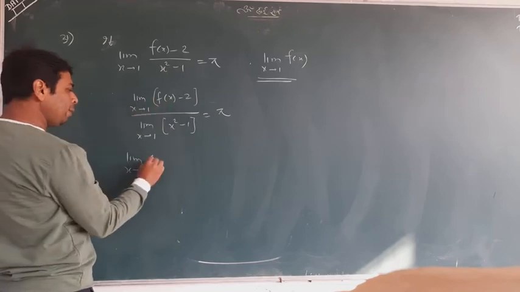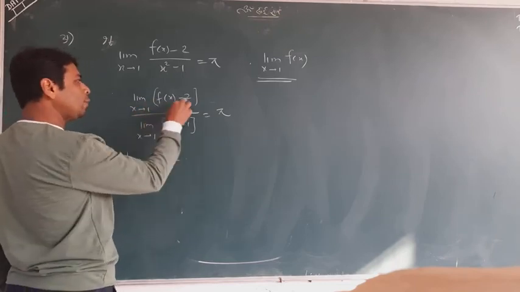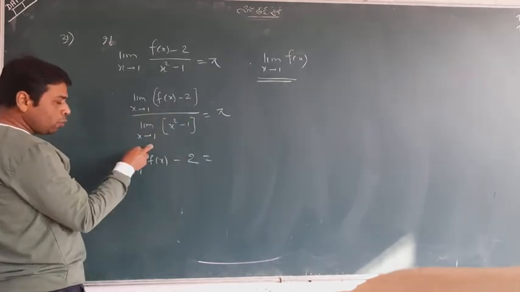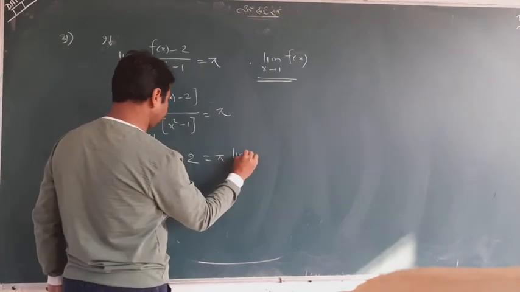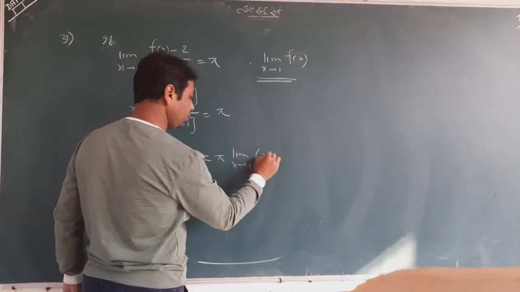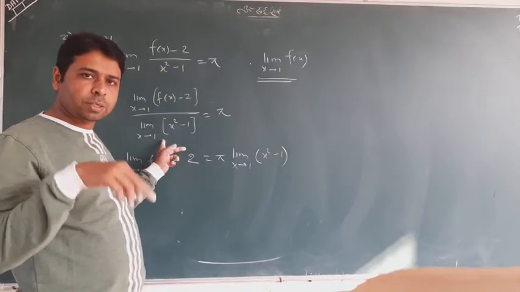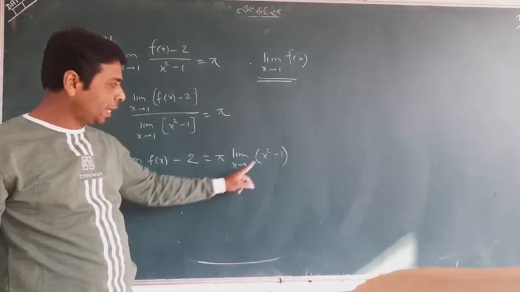First I separate the limit for both: limit x tends to 1 of f of x minus limit x tends to 1 of 2, which is 2, because there is no x there. I first transfer the denominator to that side, because if I put it here, I'll get a 0 answer, and then I use the limit.